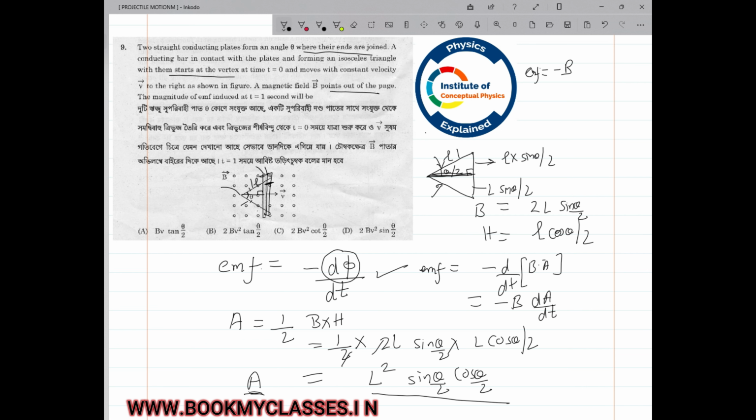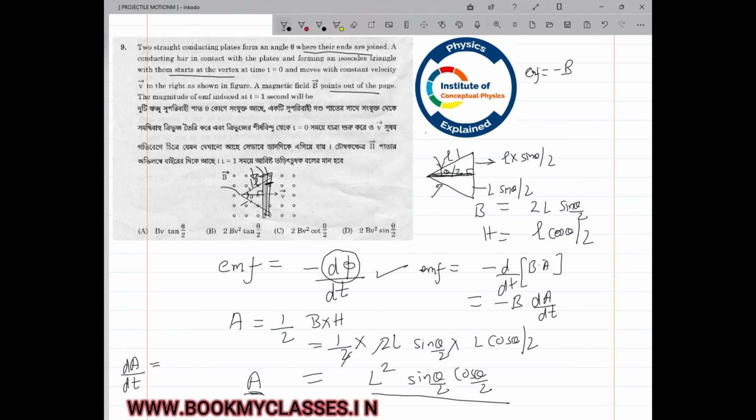I will get the answer as dA by dt is equal to, so this is the area, right? Half base into height. And what is changing? I think this L will change, right?